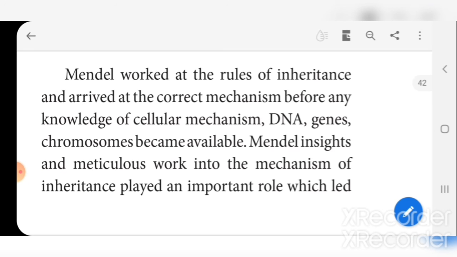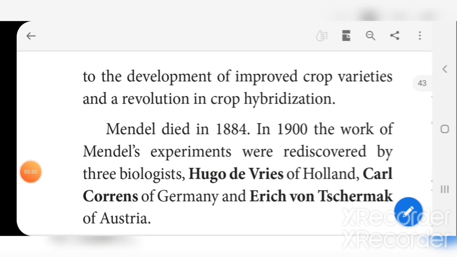So Mendel's insights and meticulous work on the mechanism of inheritance played an important role, leading to the development of improved crop varieties and a revolution in crop hybridization.